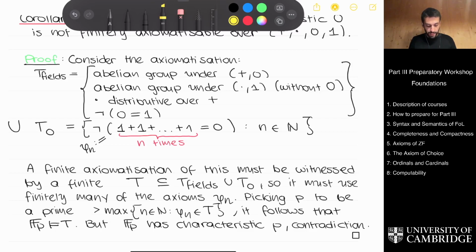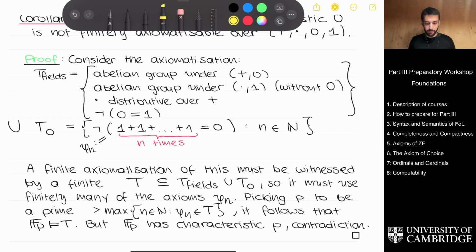Therefore, if you take a prime p which is larger than the maximum of all the n's where the sentences phi of n appear in this finite subset, it follows that the finite field of order p would be a model of this finite subset. But clearly, this has characteristic p, which is non-zero.